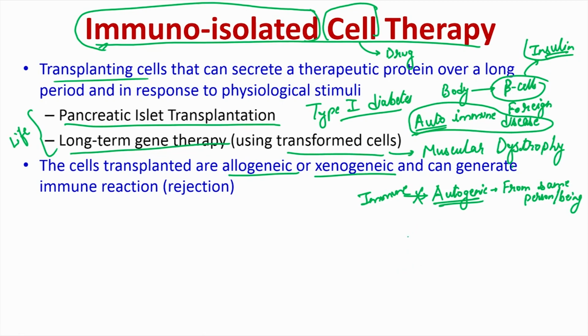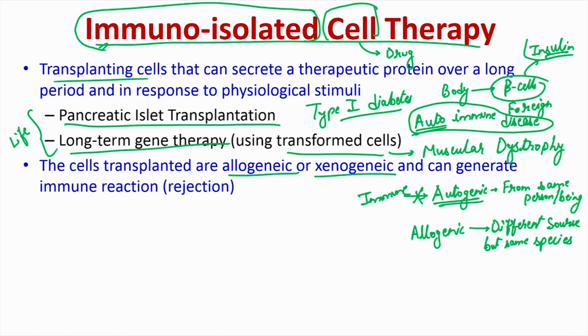Then there is allogenic, and what that means is from a different source, but the same species. That means maybe I am suffering from a disease, I do not have enough cells for that particular disease. So, I take cells from any other human being, or the same could be applied for animals as well.